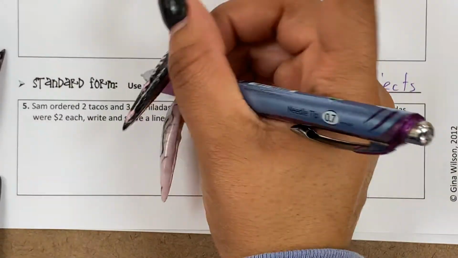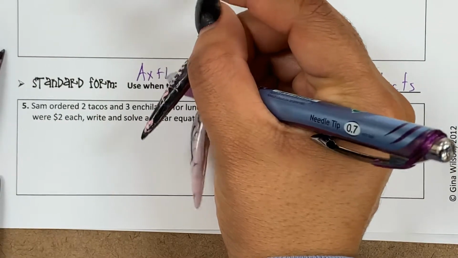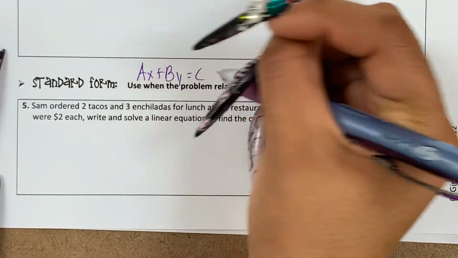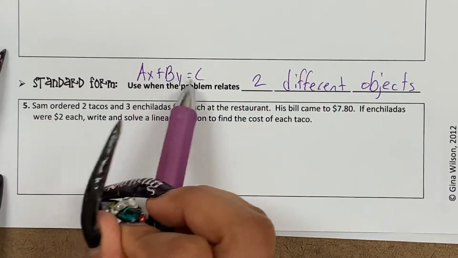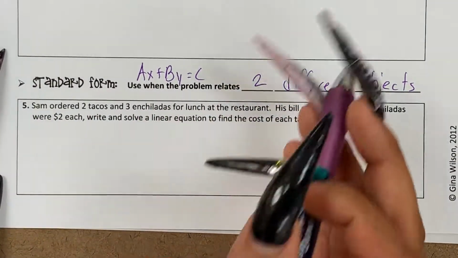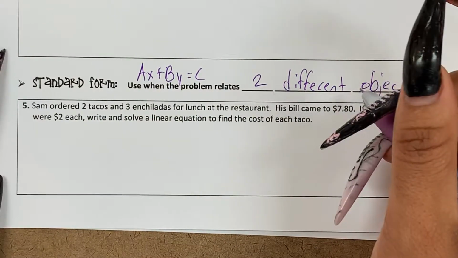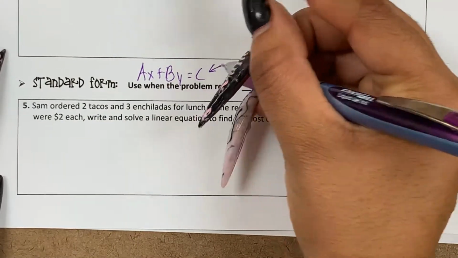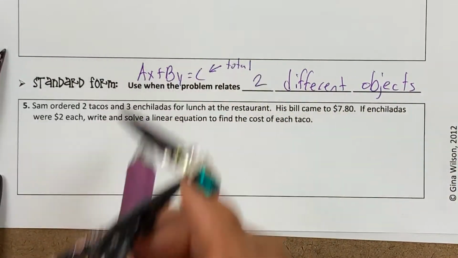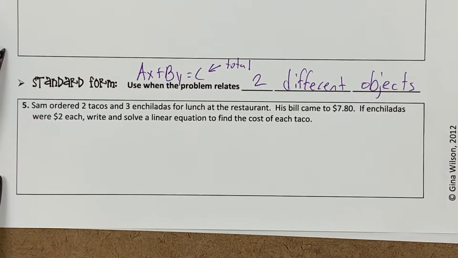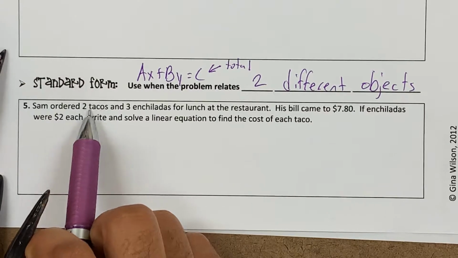So remember, standard form is AX plus BY equals C. So this is going to be your 2 objects, and this is going to be the total. And then these are your 2 objects. So my 2 objects are tacos and enchiladas.